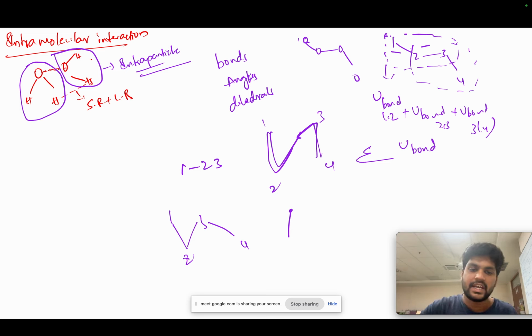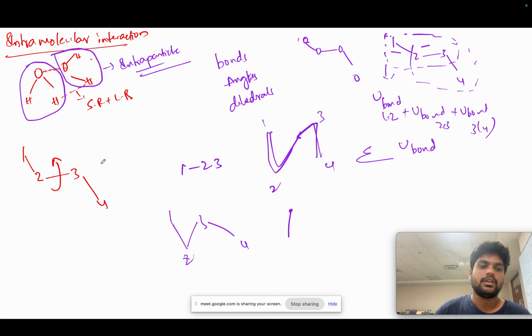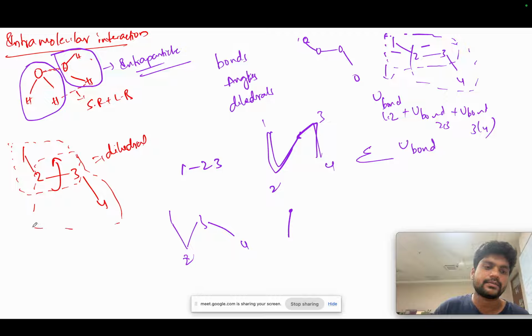So this is called dihedral. So you understand what dihedral is, right? Yes, sir. So we are changing the position here, and then this will be dihedral, but the angles will be 1 2 3 and 2 3 4.